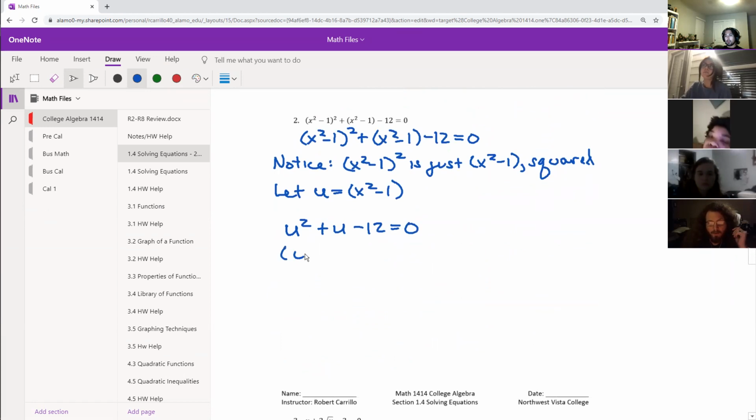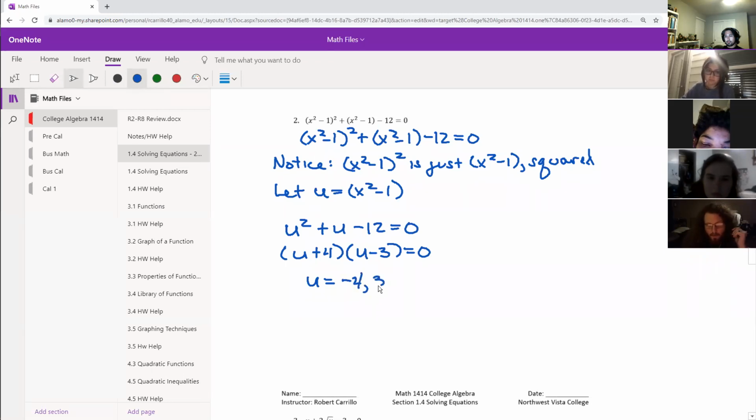So you could do u plus 4, u minus 3 equals 0. So then you get u equals negative 4 or 3. And then of course you plug that in and then you would get x is equal to plus or minus 2i, or x is equal to plus or minus the square root of 3.